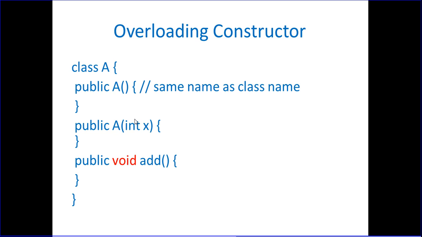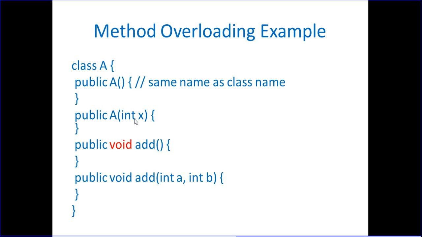We also have something called method overloading. Even in method overloading it is the same. That is, in a class you have methods which have the same name. As you can see in this class, we have a method called add which is the same name. The thing is, this is a 0 parameter function, and this is a 2 parameter function.